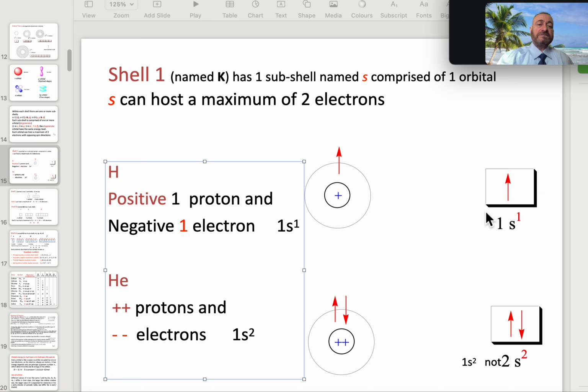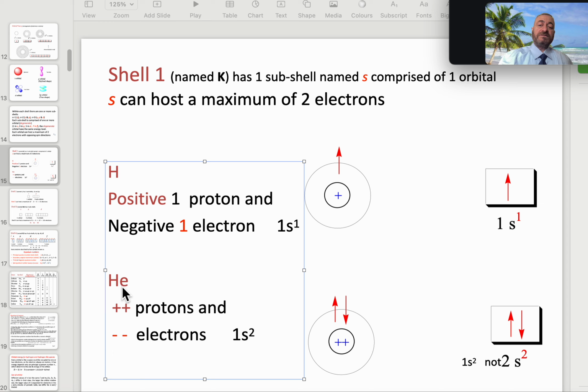So when we put it in a square orbital, we can put only one arrow standing to the top, which is a clockwise motion, and it's 1s1. When we come to helium, it has two protons.